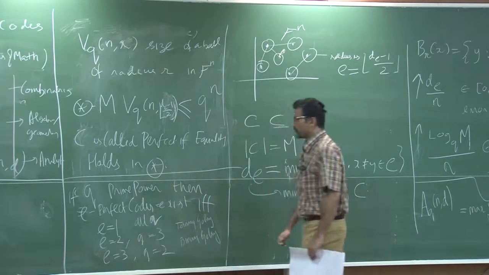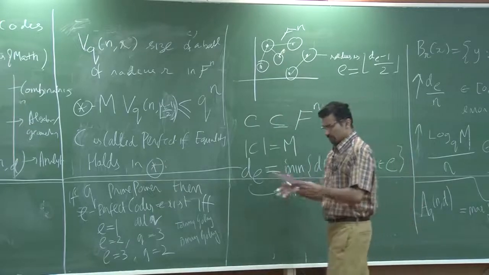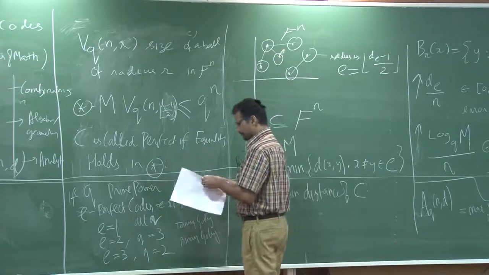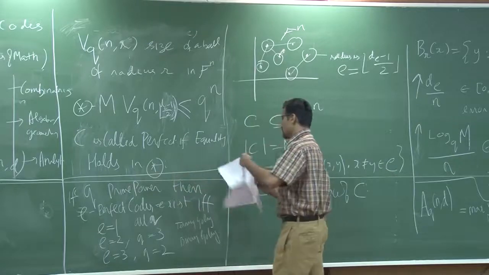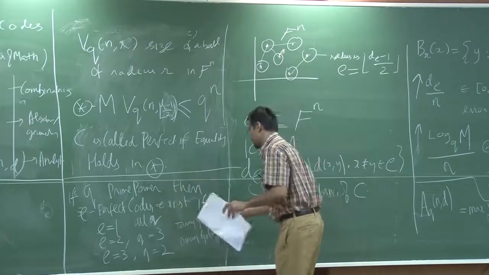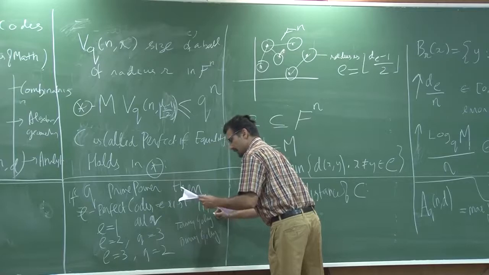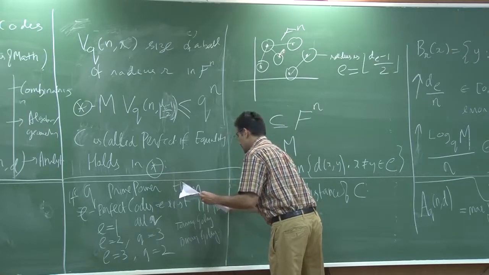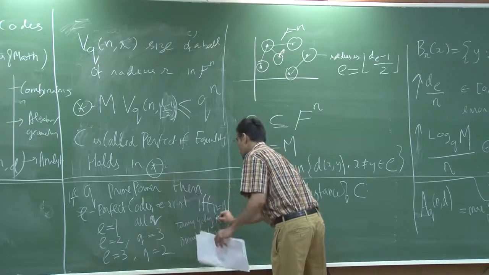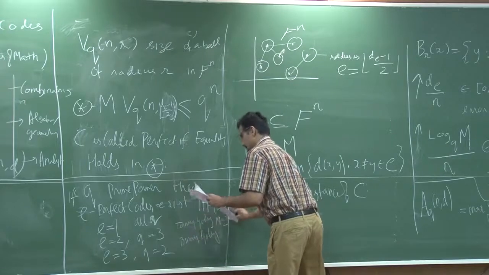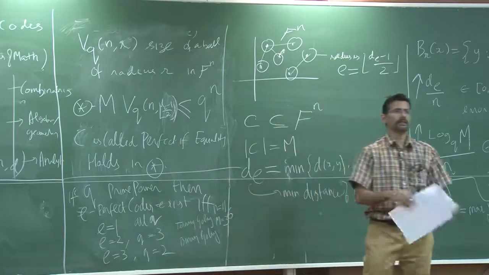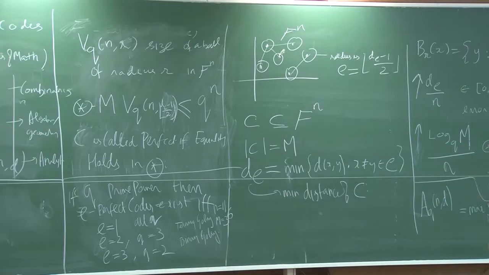I can give more information about it, but I will just give one example. For example, this ternary Golay code satisfies n is equal to 11 and m is equal to 3 to the power 6. But let's not get into the details. So it was a major theorem proved by some Finnish mathematicians.